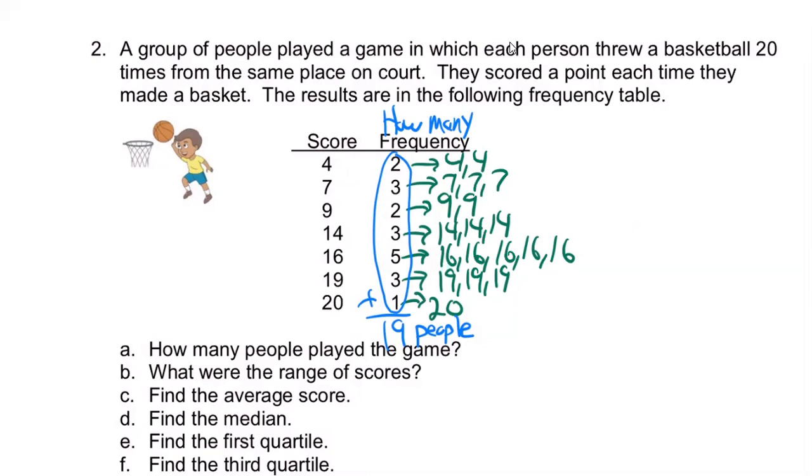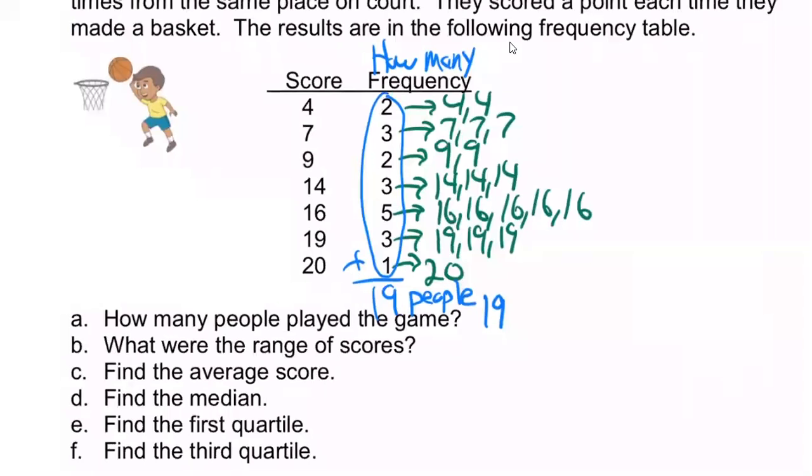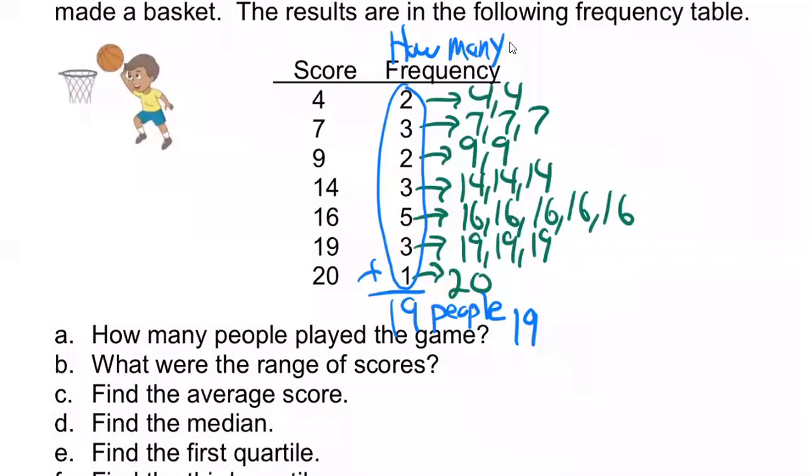So there must be 19 people in this game. Next question. Good. What were the range of scores? Okay, now we just did range. Remember how we figure out range? Yeah, max minus min. So what is the maximum?